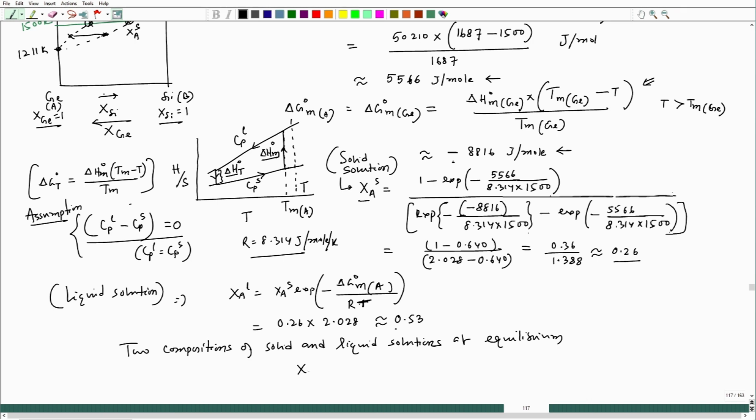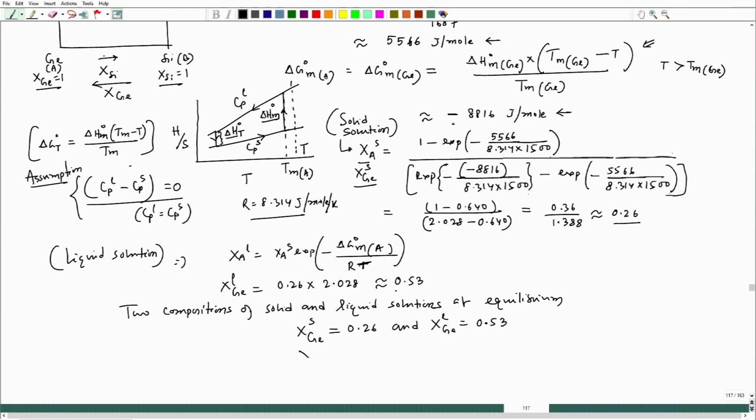are basically X germanium liquid, and here also X germanium solid. So X germanium solid equal to 0.26 and X germanium liquid is equal to 0.53. You can actually find out in terms of XB.